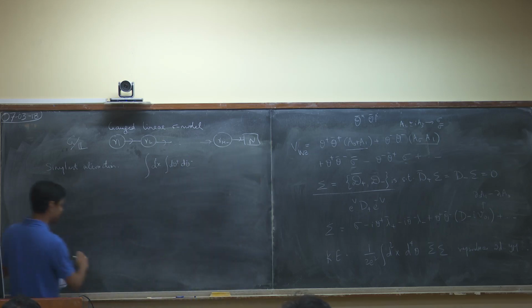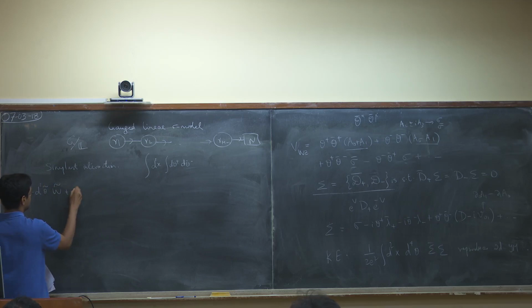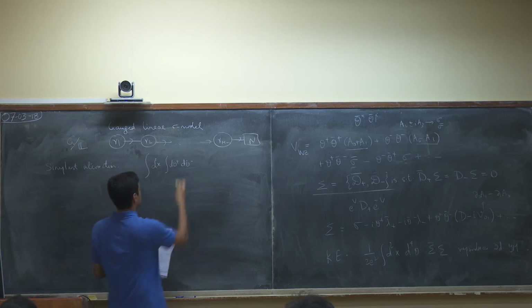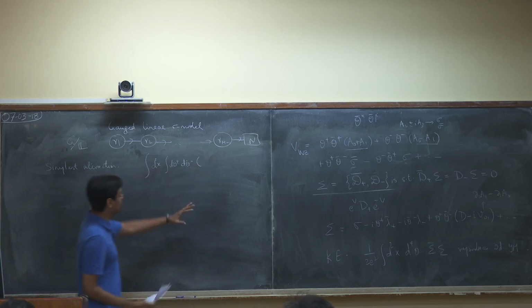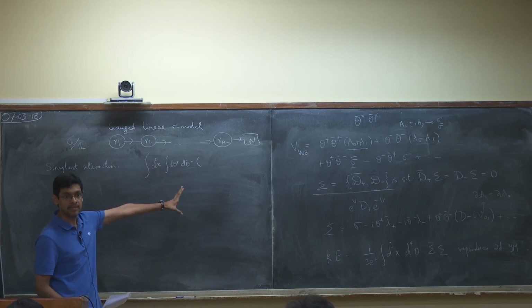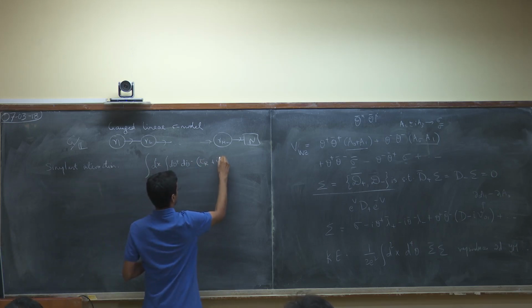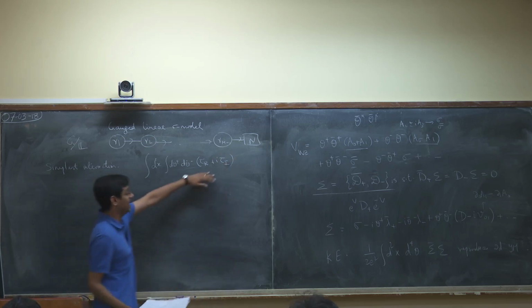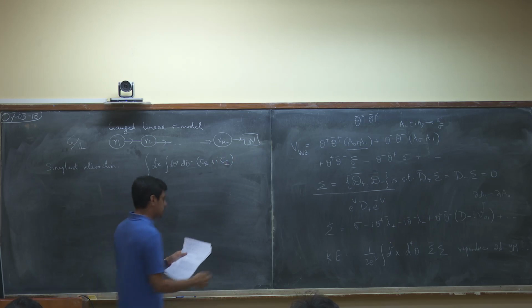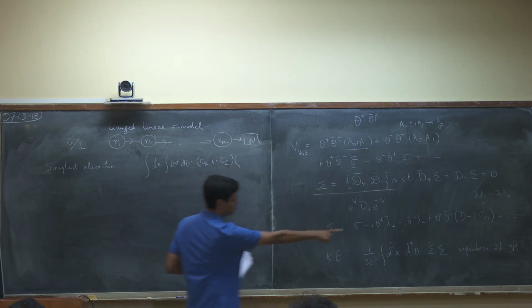Sorry, I erased it. So it should be d^2x d^2 theta tilde. Since the action is real, it will be plus complex conjugate. So I'm just going to write both of them here. What I will do is just write capital sigma times some complex coefficient, some complex parameter tau times the sigma superfield.